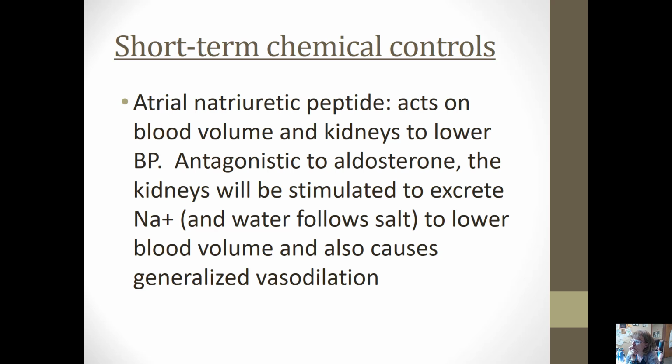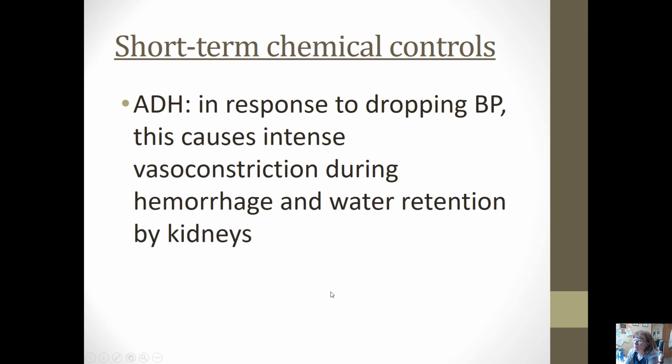Because water follows salt, as we get rid of sodium we will get rid of water, and our blood volume and pressure will decrease. Notice that ANP is antagonistic to a hormone called aldosterone, that we'll talk a whole lot more about in a little bit, and also when we get into renal mechanisms. ANP can also cause vasodilation.